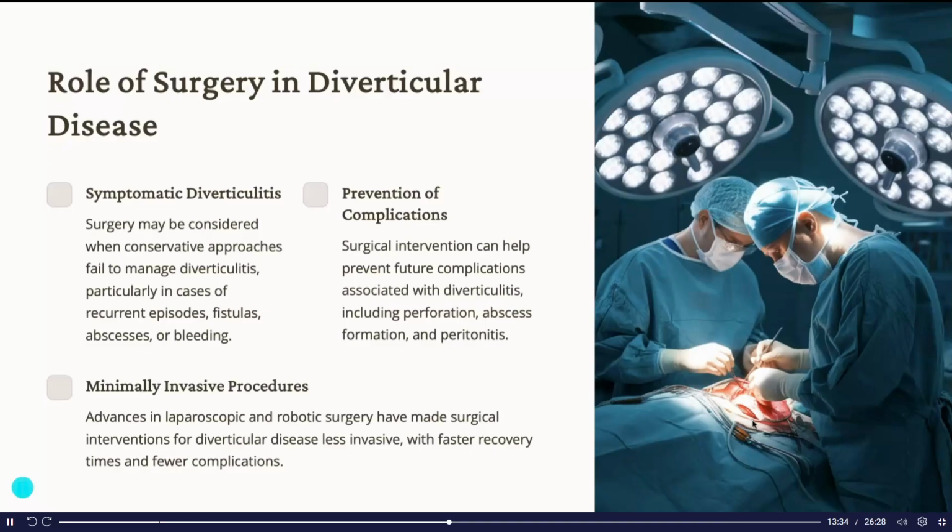Sometimes they can do a laparoscopic partial colectomy, where they take out a part of the colon. And at other times, in severe cases, the patient might wind up needing a colectomy and wind up with an ostomy.